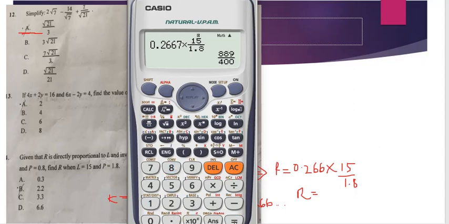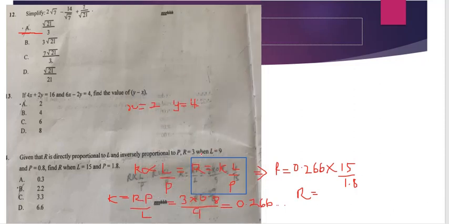Let's see what we will get. You get this, and then you click on this, and you end up with 2.22225. From here you can notice that the answer is B, 2.2. They just left it at 2.2 to one decimal place.